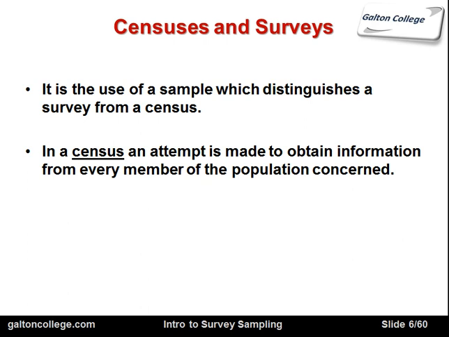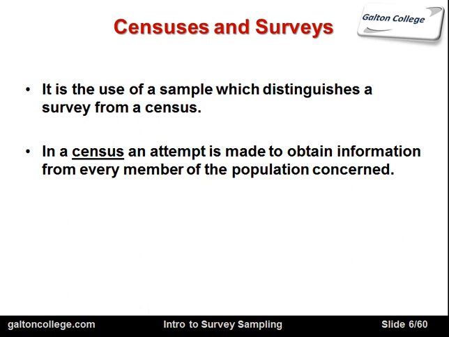In a census, an attempt is made to obtain information from every member of the population. So a census is when every item in the population, or every member of the population, is surveyed.